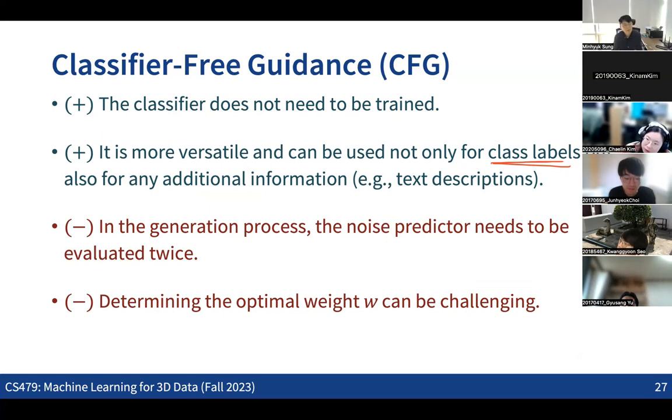For example, instead of class labels, you can put a text description. So classifier-free guidance is a more general framework than classifier guidance. Also, the good thing is that you don't need to train the classification network after you train the DDPM or DDIM models.